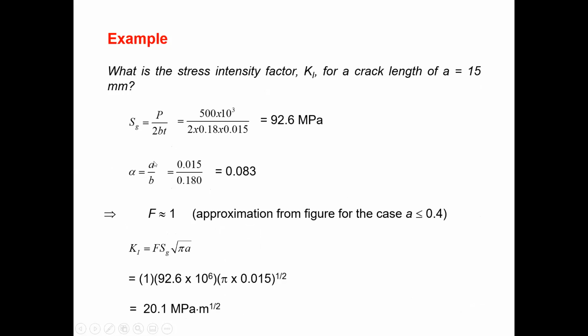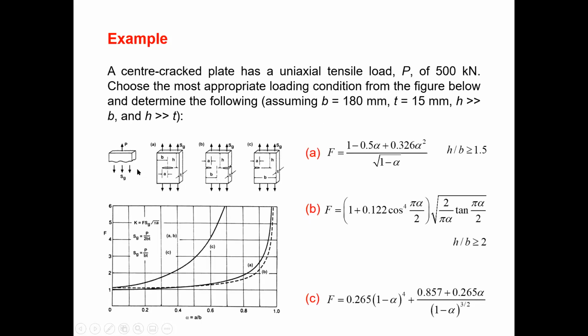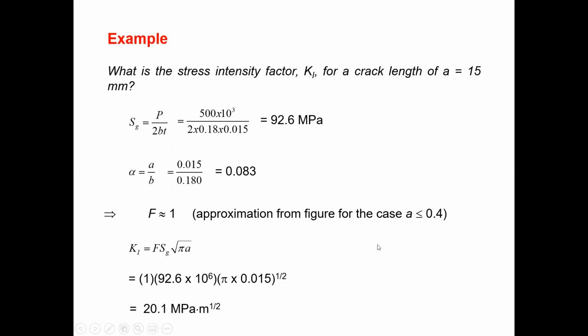Alpha ratio, that a/B ratio. I think here it cannot be the H/B ratio. This is the a/B ratio. So the a/B ratio alpha, that value is very close to 0.1. Anyway, it is 0.083.